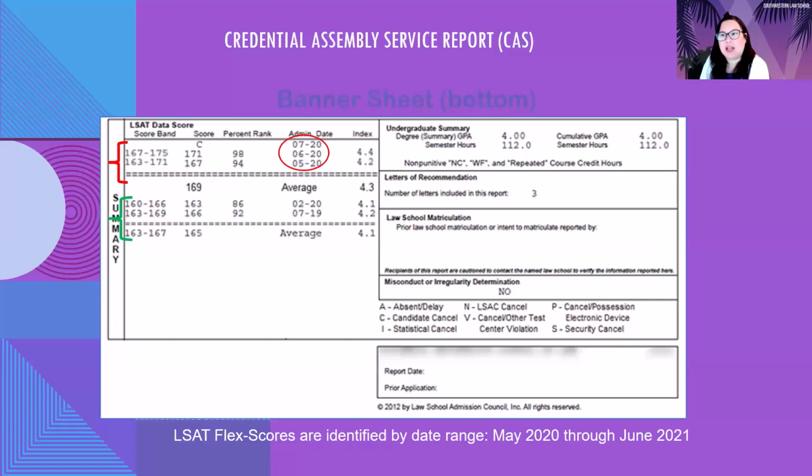People ask a lot about, well, what does it mean if I cancel the score? Or what does it mean if I use score preview? Or what does it mean if I take the test more than once? And I think you could ask a lot of admissions officers and you might get a wide variety of opinion. I can really only give you mine in terms of my philosophy about multiple test taking.